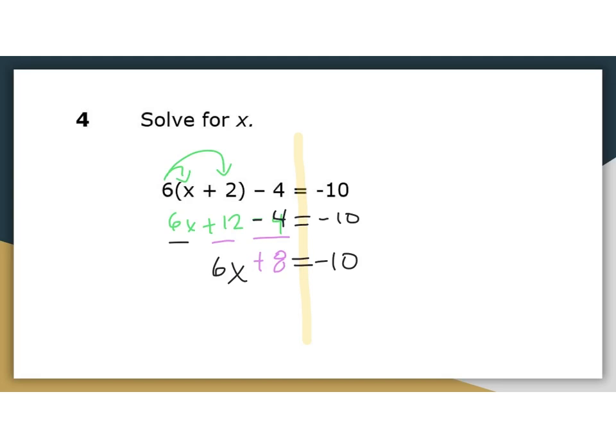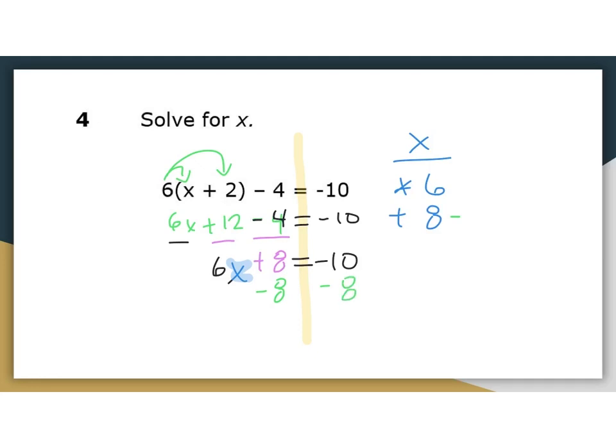Now from here I can solve the way I did previously. Identify my variable, x. X is being multiplied by 6, and then we're adding 8, and that's where our negative 10 comes from. So I'm working backwards. It's going to be minus first, so subtracting 8 from both sides.